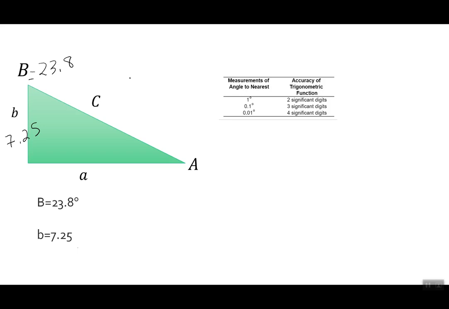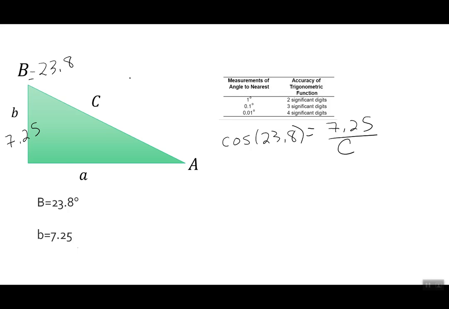Well, what I want to use is cosine. If I look, the little b is adjacent to the angle B. So this says the cosine of 23.8 is equal to the adjacent 7.25 over the hypotenuse C.